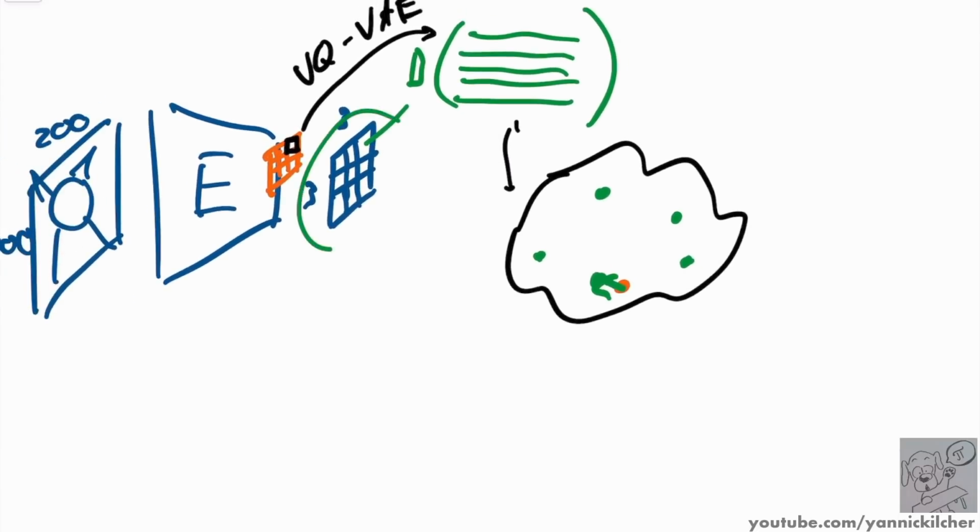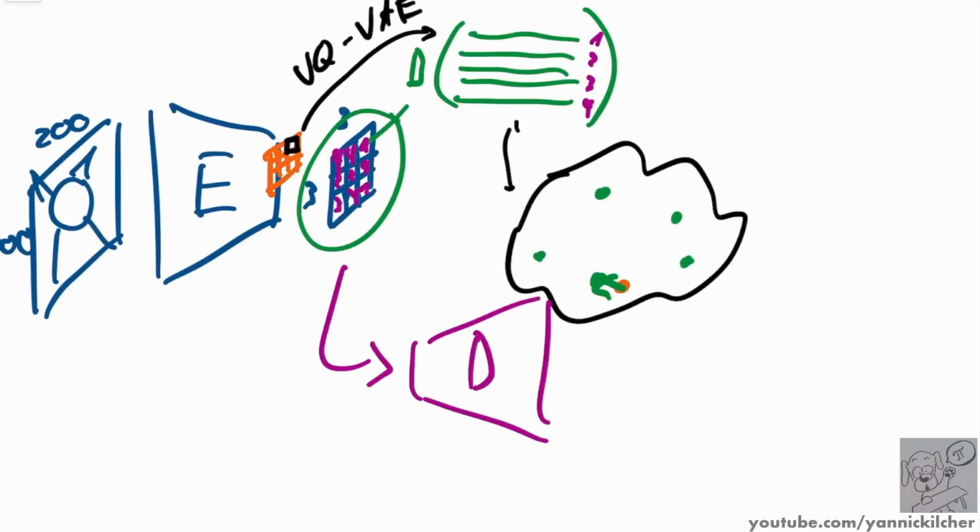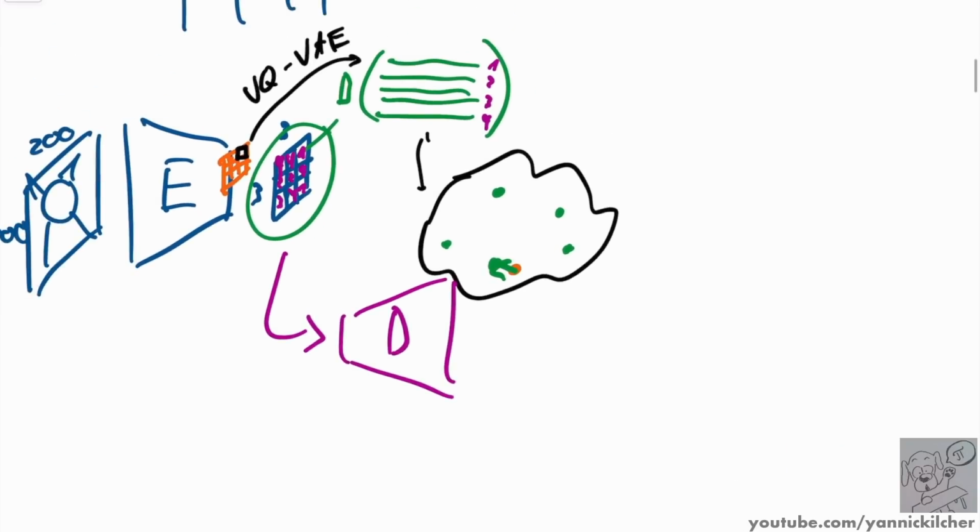At each point here there will be one of those codebook vectors, and if I number them, 1, 2, 3, 4, I can equivalently say these are essentially tokens. So token 1 might be here, this might be 2, 2, 3, 4, 4, 4, 4, right? And from this I can then have a decoder again that produces back an image, and the image of course is now only produced from this latent encoding.